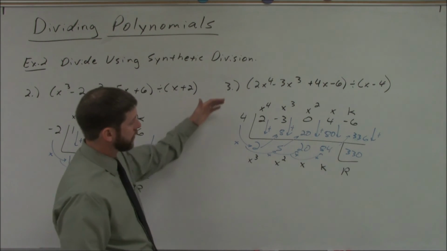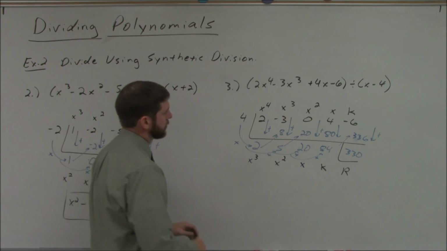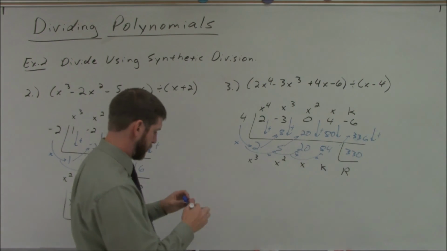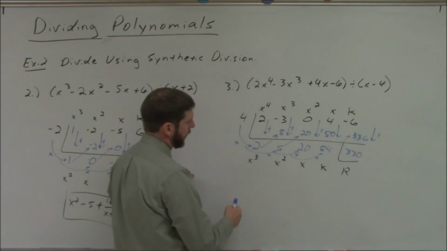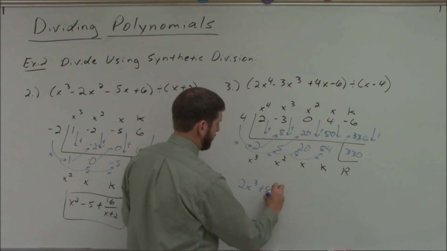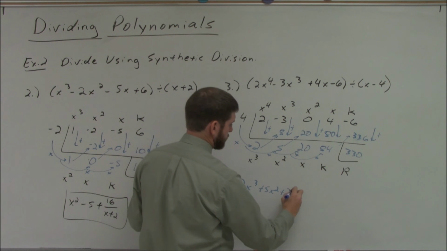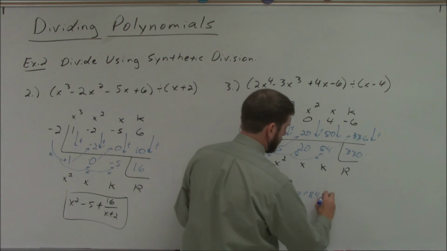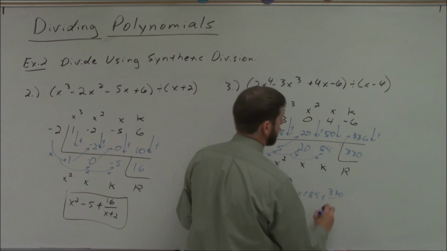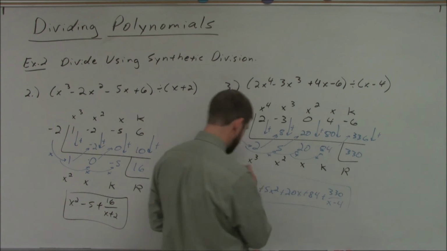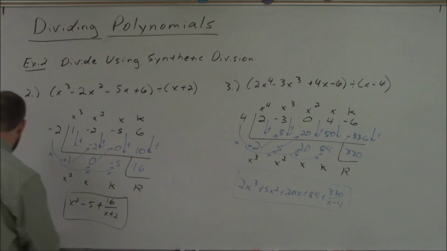Okay, now, assuming my arithmetic is correct, I'm going to show you in a second how we can check and make sure all of that arithmetic is correct. But we should have 2x cubed plus 5x squared plus 20x plus our constant, which is 84, with a remainder of 330 over what we divided by, x minus 4.